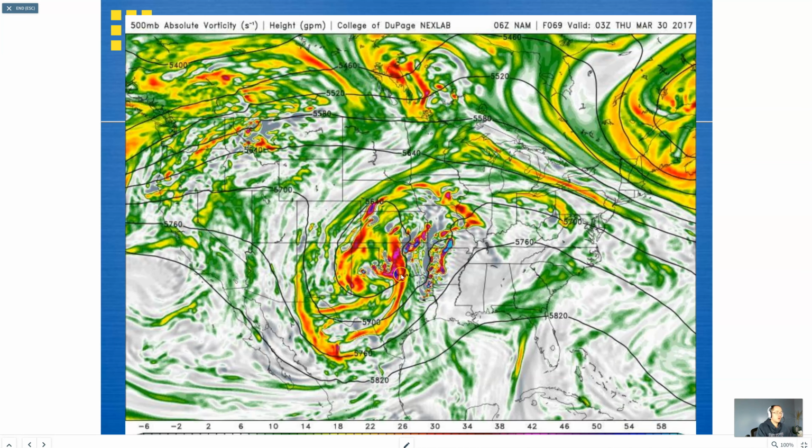And so let's call this Wichita Falls, our little bullseye here on this model plot. We would have some cyclonic vorticity advection across much of eastern Oklahoma. Areas of higher absolute vorticity being advected into areas of lower vorticity. And again, we'll spend a little more time on that in the subsequent video.